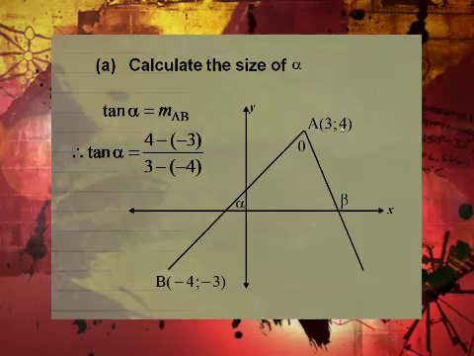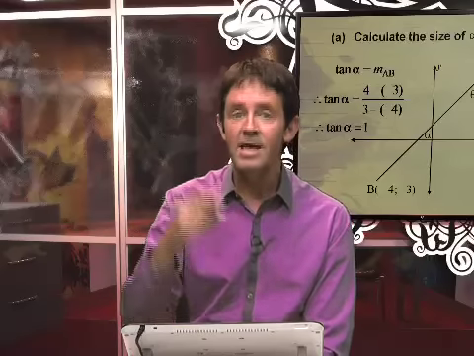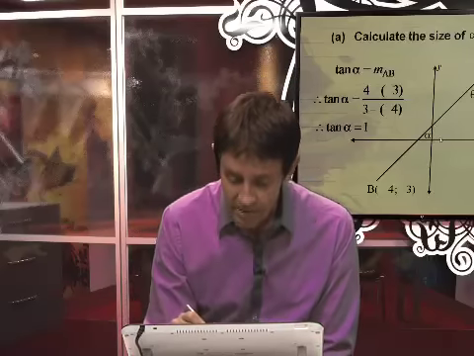Easy. 4 minus negative 3 over 3 minus negative 4. This is going to give us our gradient. This is 7 over 7, which is 1. That's positive. The line is sloping to the right. The gradient is positive. It's an acute angle, a first quadrant.